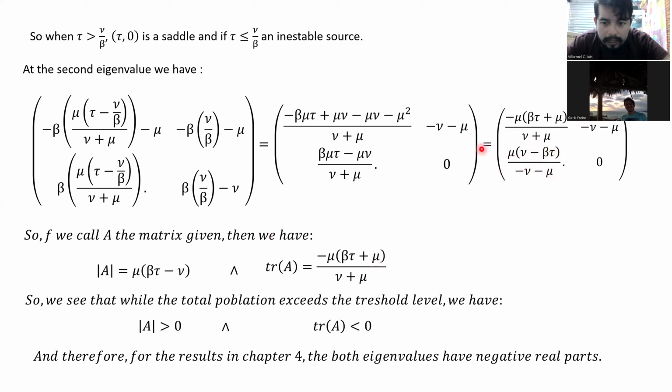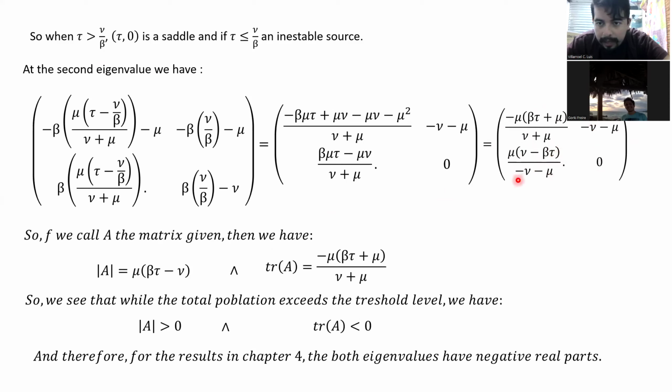And we observe immediately that the determinant of this matrix is only the product of the contrary diagonal with the opposite sign.